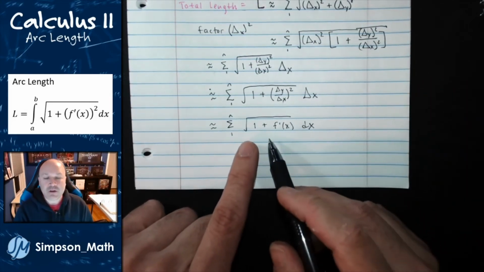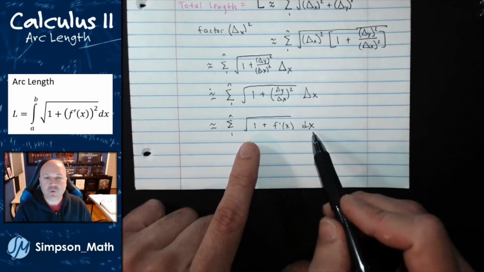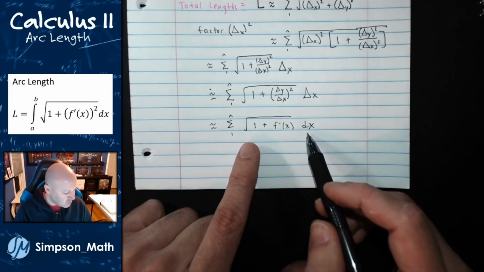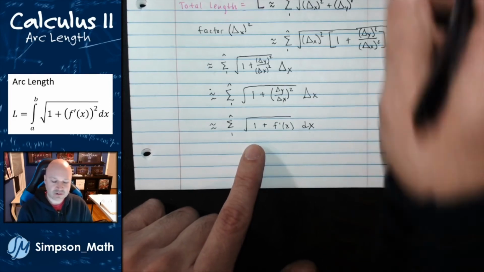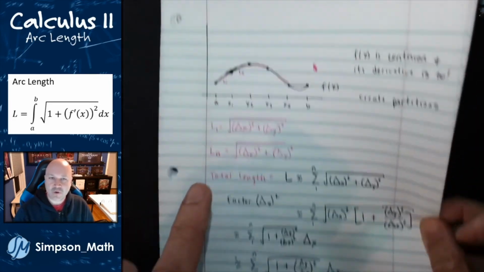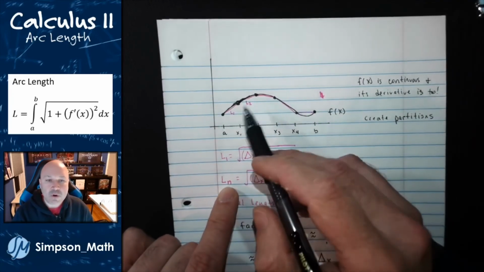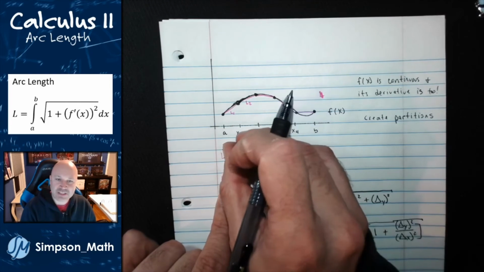And we mentioned earlier, I'm trying to get that change in x to go to 0. Another way to say that though is, what I want is more and more partitions. The more and more partitions I make will make that change in x smaller and smaller.